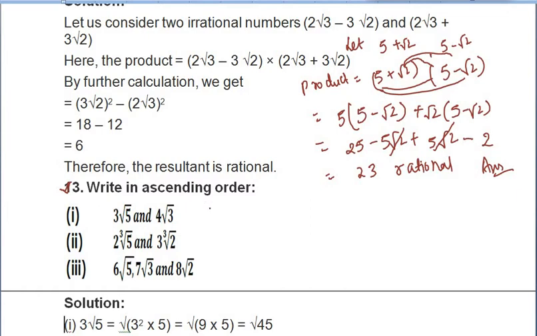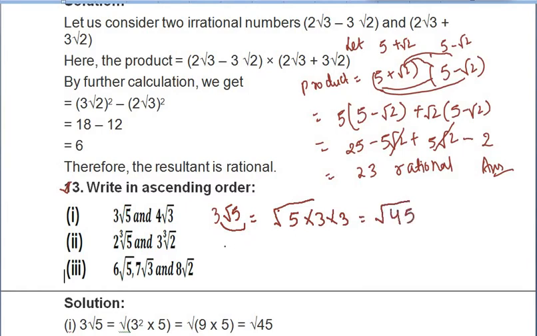How can we compare? This 3 under root 5 I can write as under root 5 into, when this 3 goes inside it will be squared, 3 into 3. So it will be under root 5 threes are 15, 3 nines are 45.